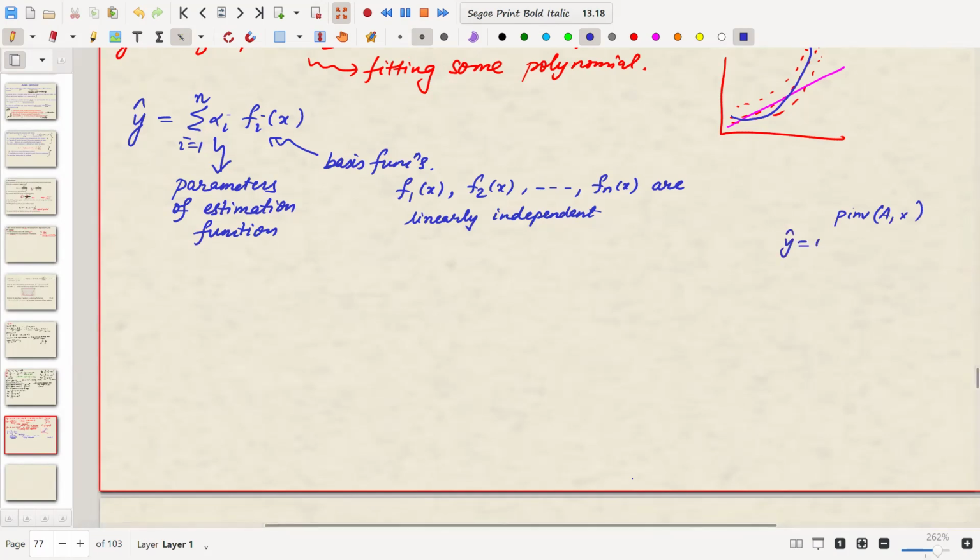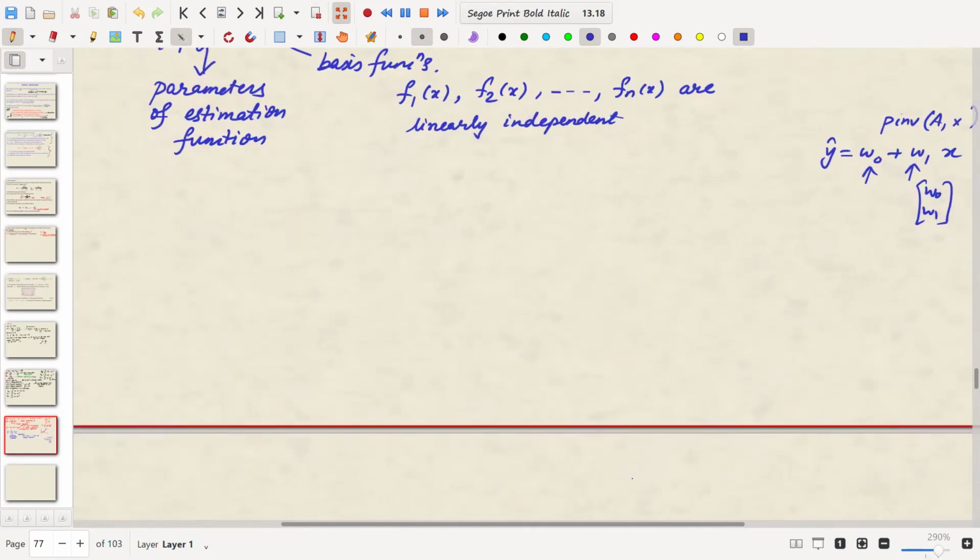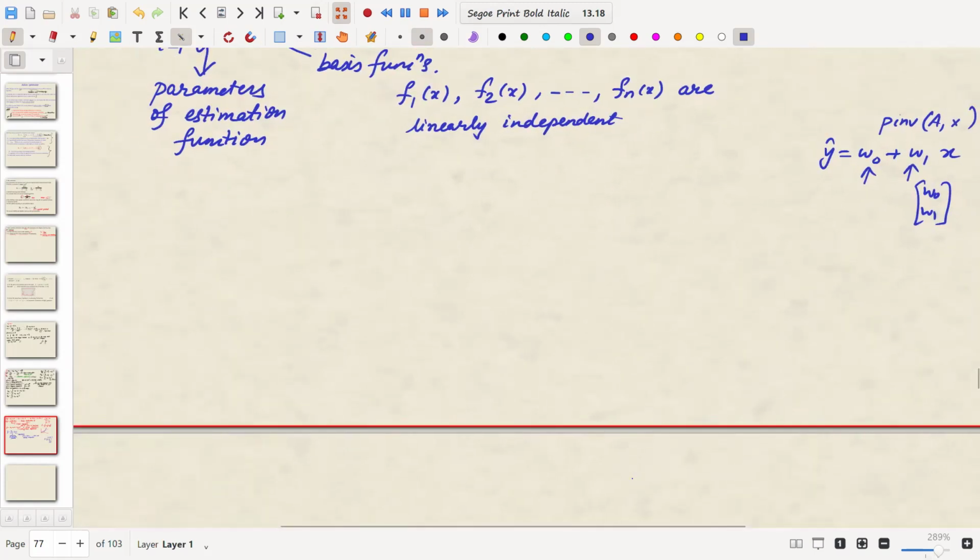Y cap is equal to W naught plus W1x, and our aim was to find W naught and W1. Similarly, in this example we want W naught, W1 in vector form, and our job is to find that vector in the linear algebraic concept. Of course, you won't just have W naught and W1, rather you will have a lot of unknowns, so you have to deal with matrices.